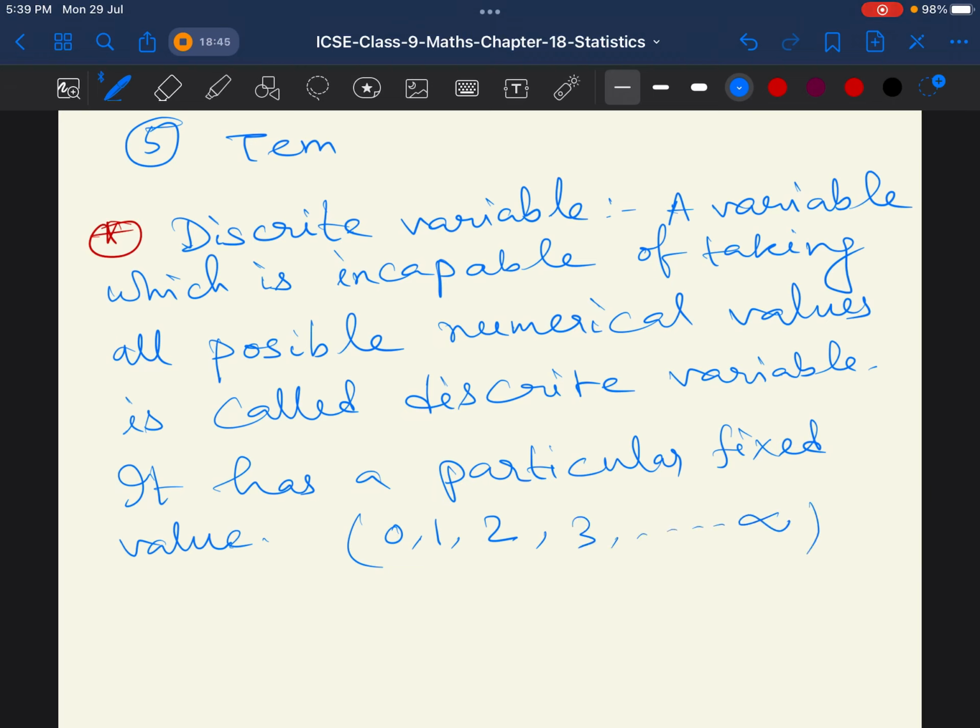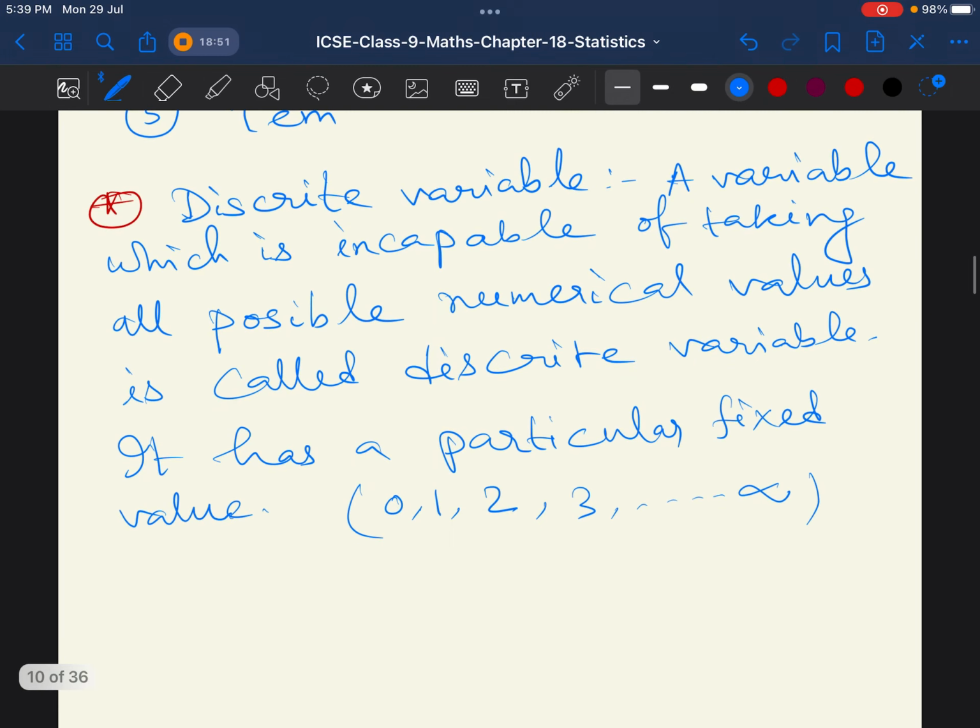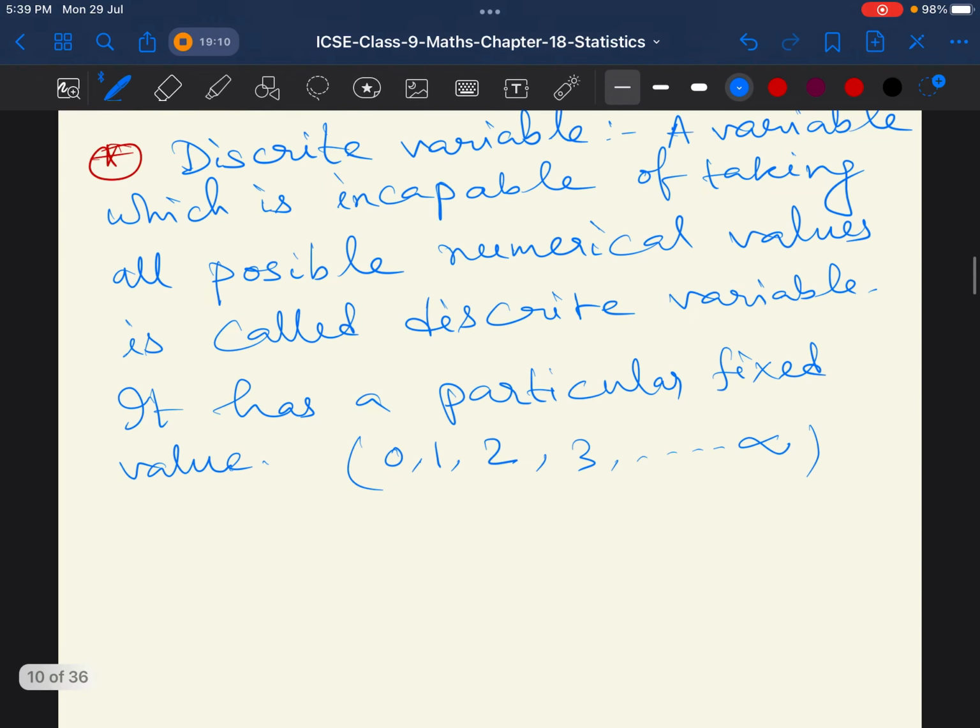So here you can't see decimal values. This is the fixed value, and this variable is incapable of taking all possible numerical values. That means it will not take decimal values. So this is the discrete variable.